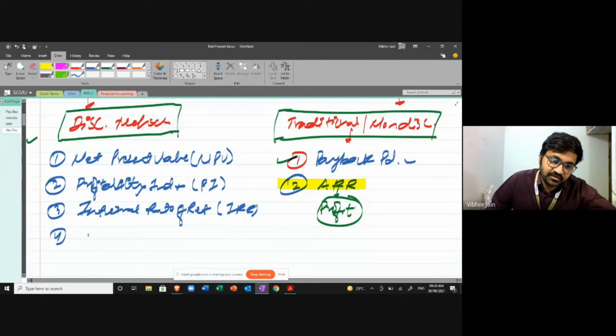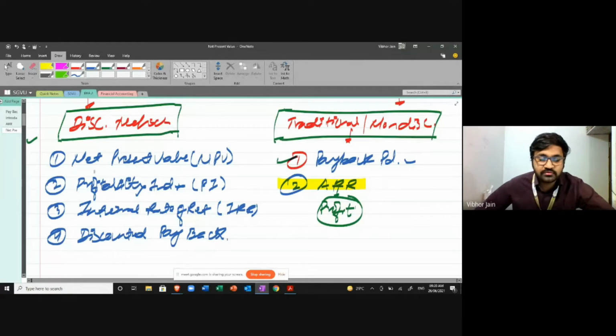And fourth is discounted payback. These are the four methods that we are going to talk about, and I'm going to start with net present value method.